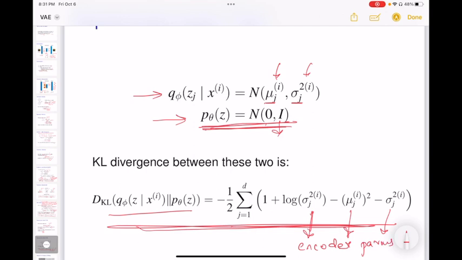And hence, because these encoder parameters are generating these values, we can use backpropagation to optimize the KL divergence and optimize the parameters of the encoder as well.